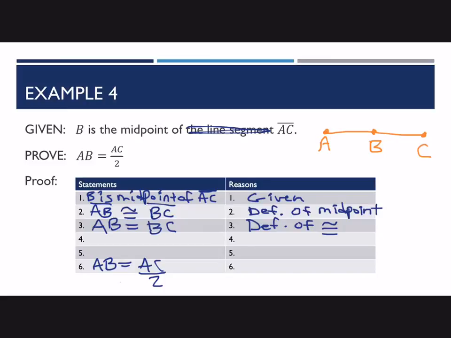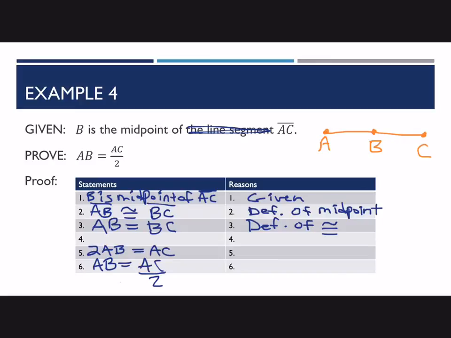All right, so now working backwards, maybe I want to do the equation 2AB equals AC. And I don't know why I can make that statement yet. I don't have a reason here for 5, but I do have a reason for why I can get from 5 to 6.